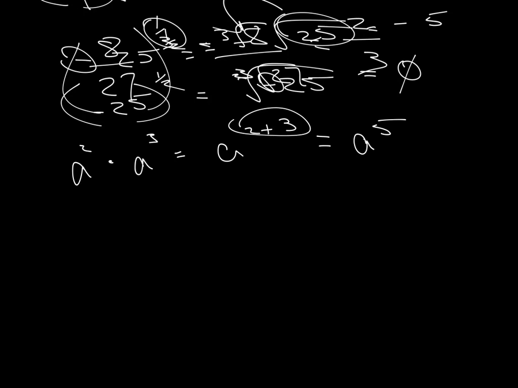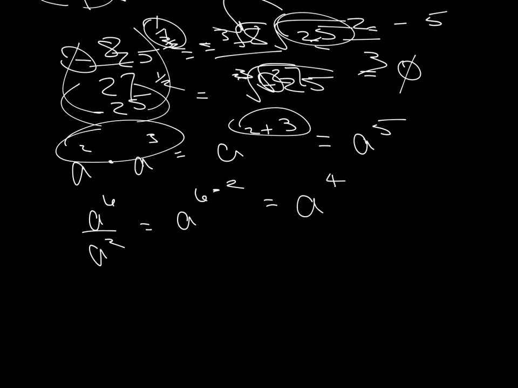When we have a division, let's say a to the 6th over a squared, that is the same as a to the 6 minus 2, which is a to the 4th. So when they're multiplied, they're added. When they're divided, they're subtracted.